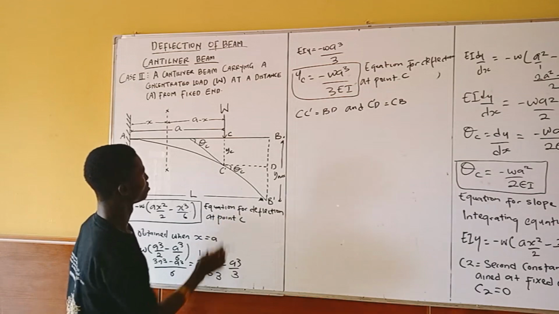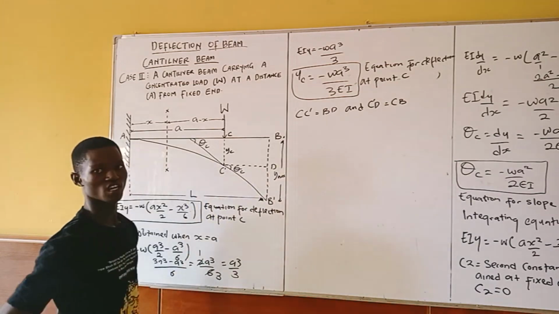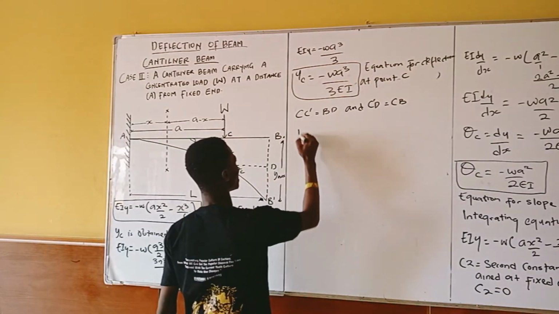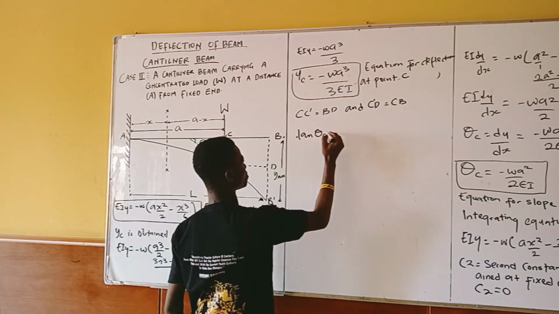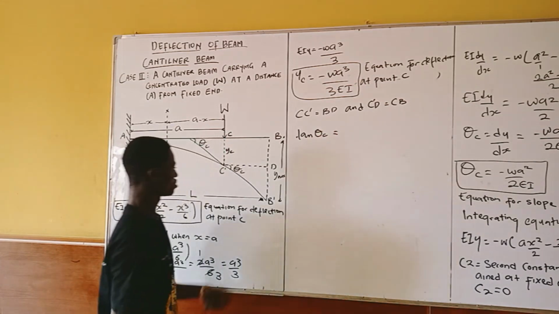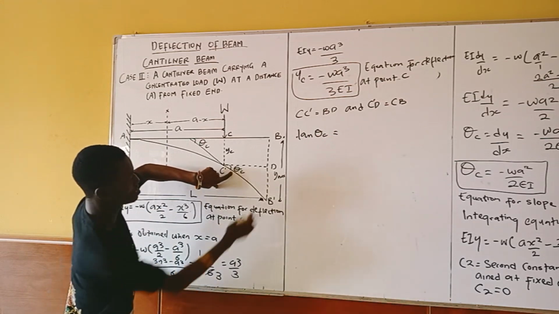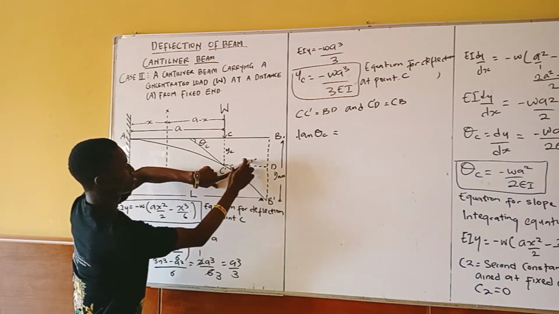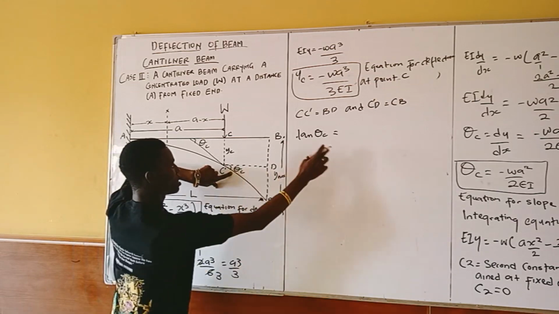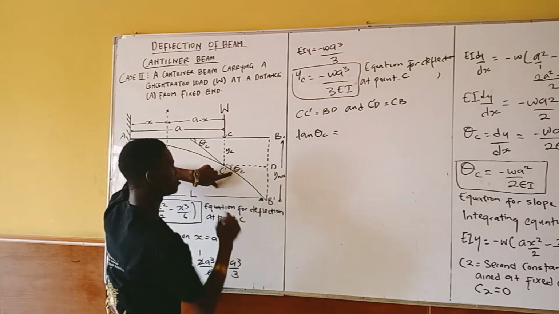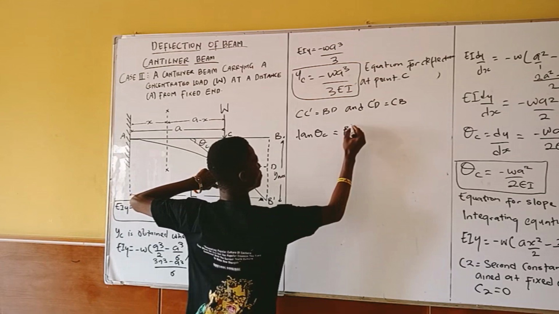For us to find B prime D, since this is a similar triangle, we are going to have tan theta C equals what? For the tan of this angle, this is the opposite and this is the adjacent, and tan is opposite over adjacent.